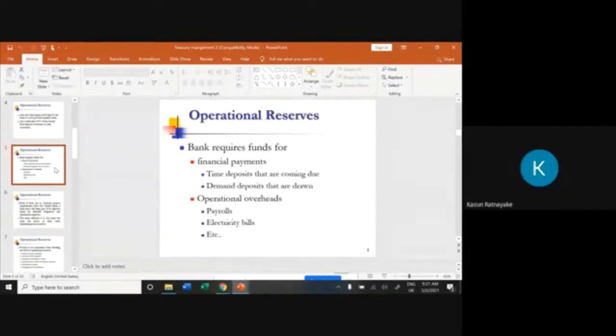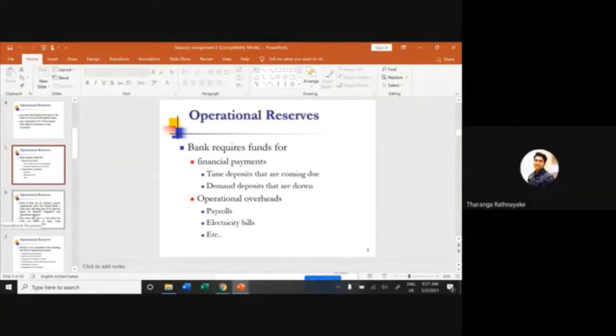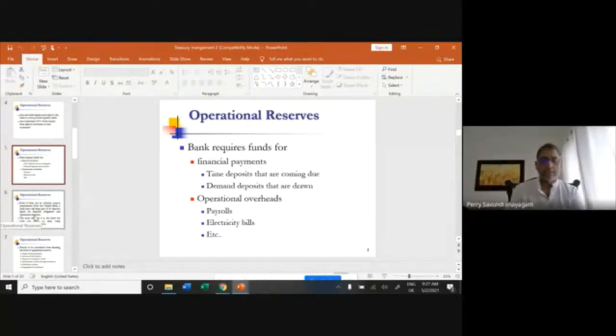That is the asset side. Borrowings. Yes, where can you go and borrow from if you don't have any other counterparties to borrow from at all? From the central bank? Central bank, exactly. You can go to the central bank reverse repo window, or you can go to the central bank as a lender of last resort, and use the bank rate.